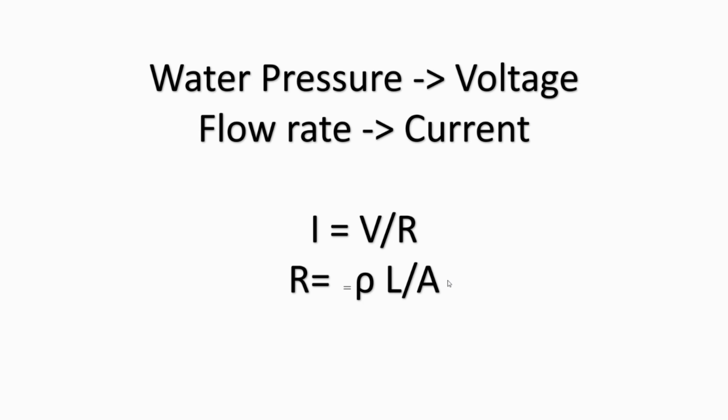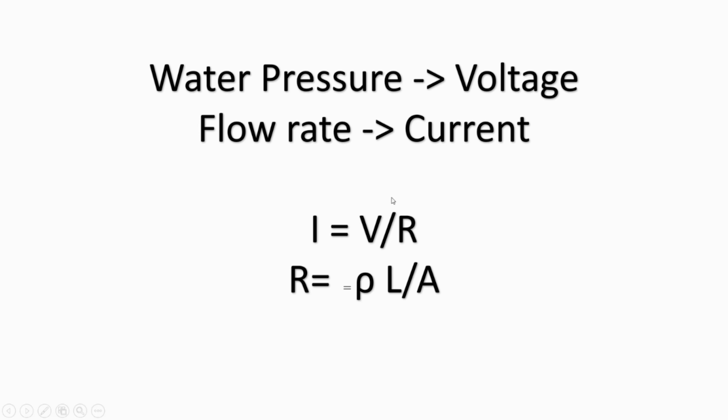Here again, we also saw that the resistance is proportional to the resistivity rho, inversely proportional to the area of the conductor, and directly proportional to the length of the conductor, thereby giving us two very important formulae. I is equal to V by R and R is given by rho L by A.